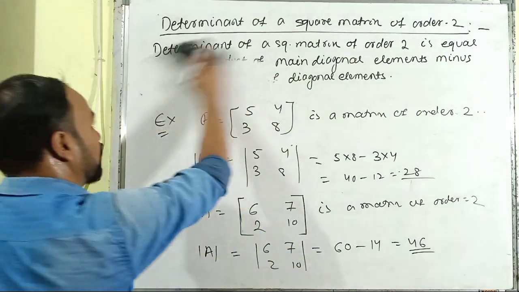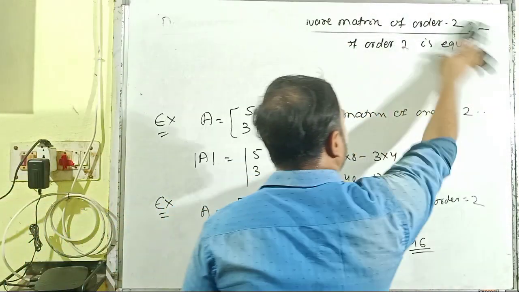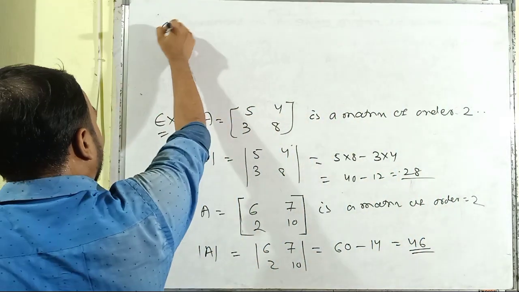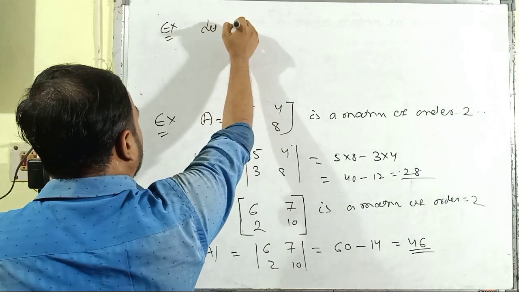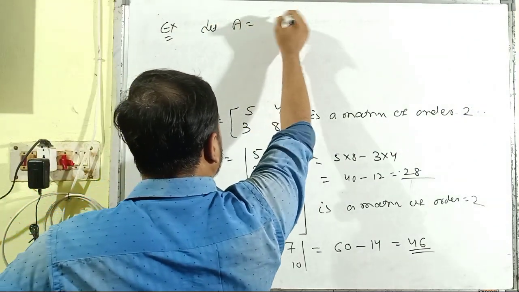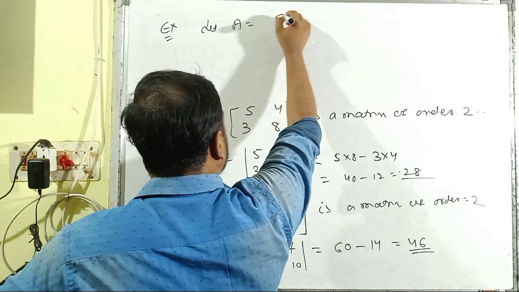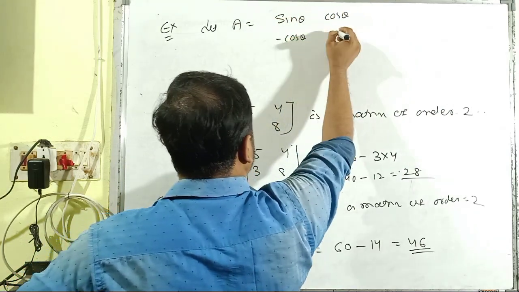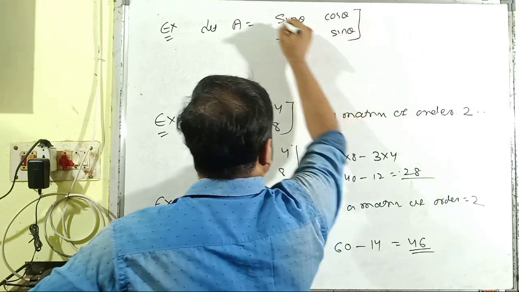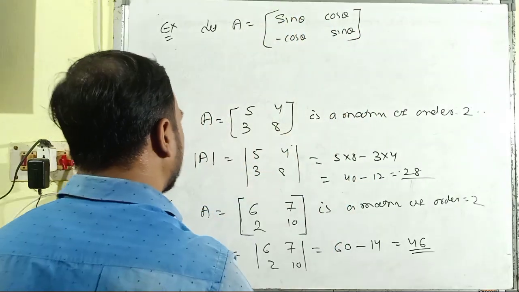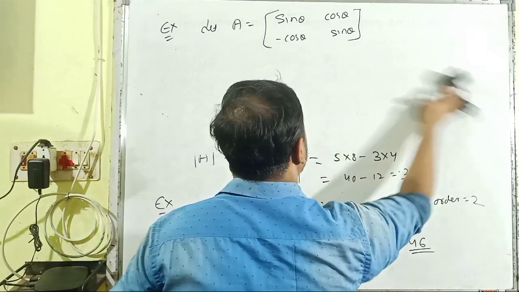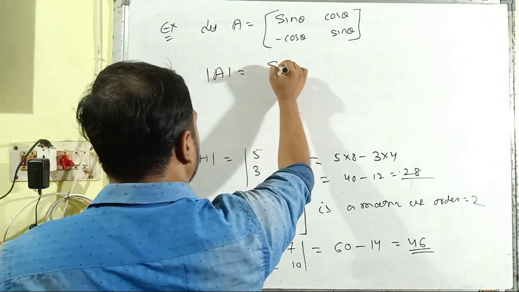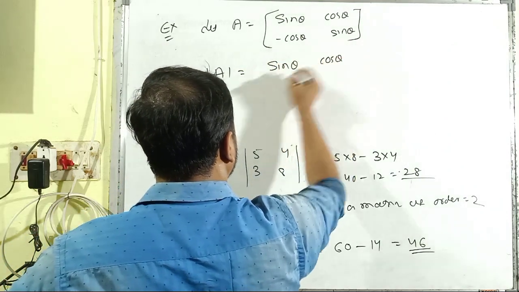Let us go through another example by taking the trigonometric functions. Let A be equal to, suppose it is given, sin theta, cos theta, minus cos theta, then again sin theta, and it is a matrix of order 2. Then determinant of A is equal to the determinant of these elements.